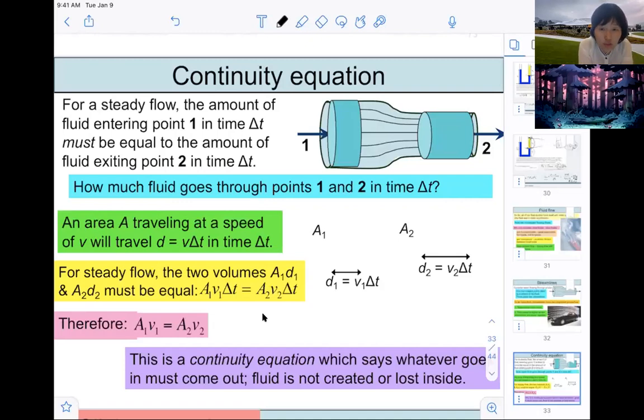So what is the continuity equation for flowing fluids? For a steady flow, we say the amount of fluid entering point 1 in the time interval delta t must equal the amount of fluid exiting point 2 in the time delta t. So that describes a steady flow.